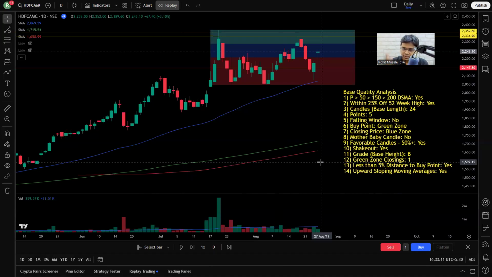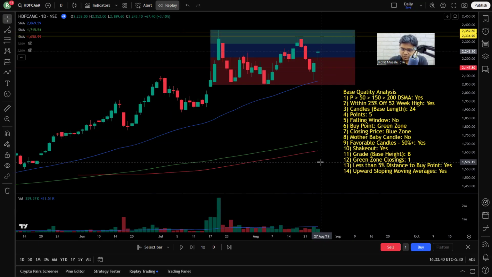He and William O'Neill and David Ryan found out that 98% of the leading stocks of the past were already in a confirmed stage 2 uptrend, which means blue, green, red, before they began their full scale advance. Okay, 98%. So that is why we look at the moving averages, the 50-day, the 150-day, and the 200-day, because we have to go with data. We don't have to go with opinions.